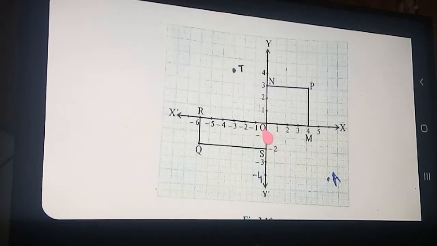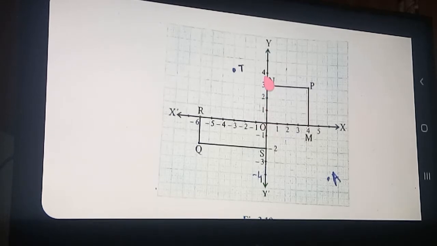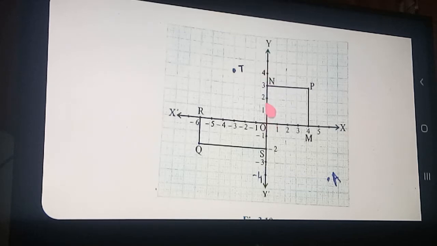So 3 means the distance from here to here. The y coordinate of a point is the perpendicular distance from the x-axis along its y direction. See here. Are you clear? Do not get confused.